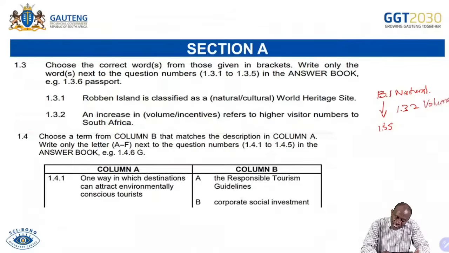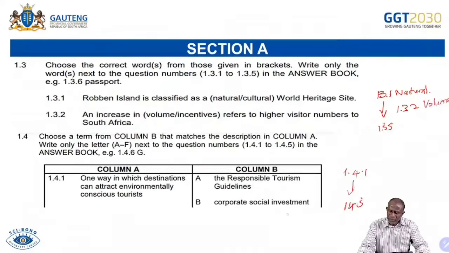So you are not going to write this concept in full, and in this case, they say write 1.4.1 up to 1.4.5 in your answer book, and it says one way in which a destination can attract environmentally conscious tourists. Number A, it's responsible tourism guidelines. Number B, corporate social investment.